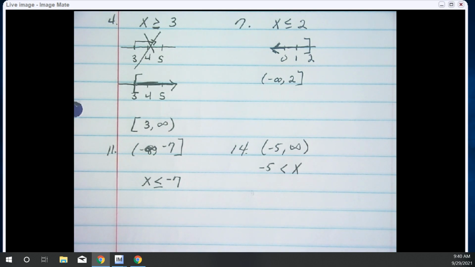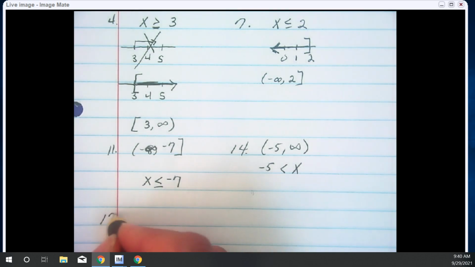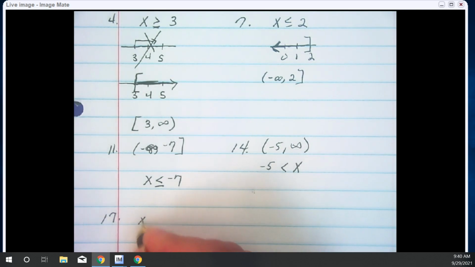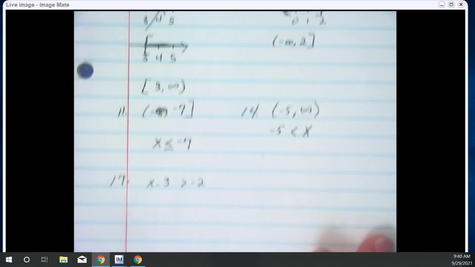Okay, interval notation. After you get this idea through, then on problem 17 they say solve the inequality and graph the solution set on the number line, but they're wanting your answer in interval notation. So it's kind of confusing instructions there. How do you get x by itself?